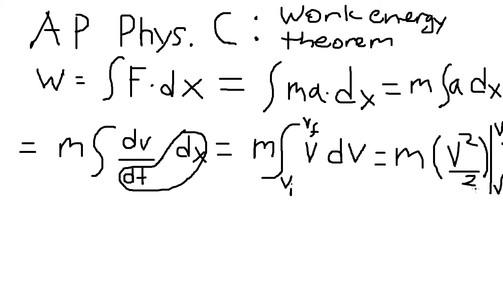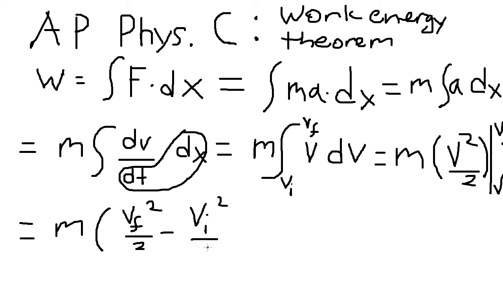So if you evaluate this here, you get mass times final velocity squared over 2 minus the initial velocity squared over 2. And notice you can actually factor out the 1/2 here.